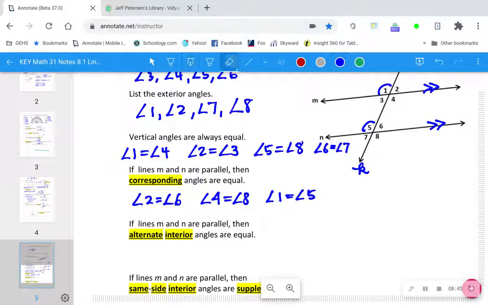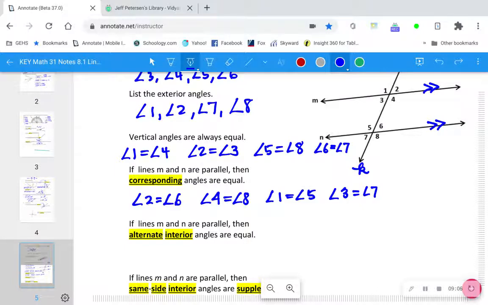Those are called corresponding angles because they're in the top left corner of their intersection. And the pair in the bottom left corner is angle 3 and the other one, angle 7. So if you look here, the bottom left is angle 3, and here the bottom left one is angle 7. By corresponding, I mean they have the same description: bottom left, bottom left.